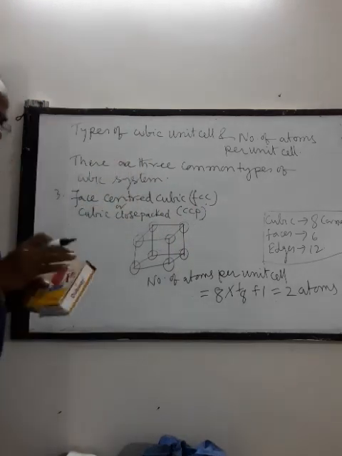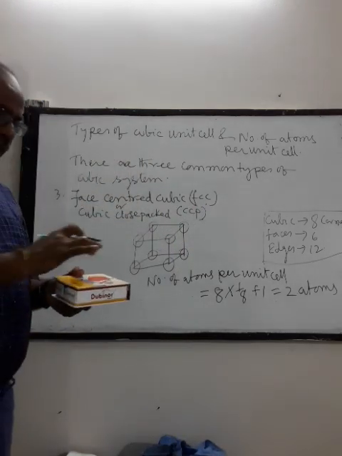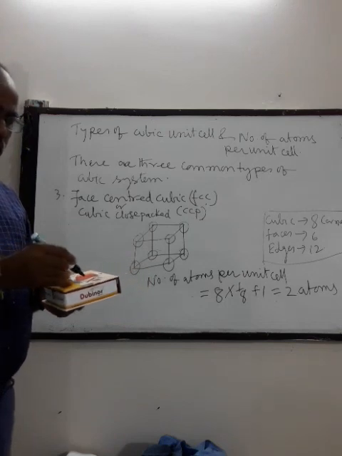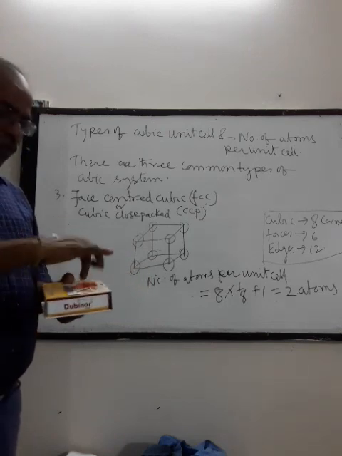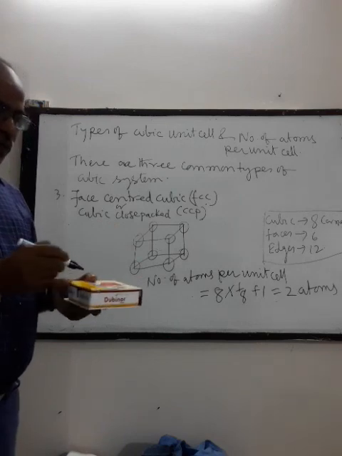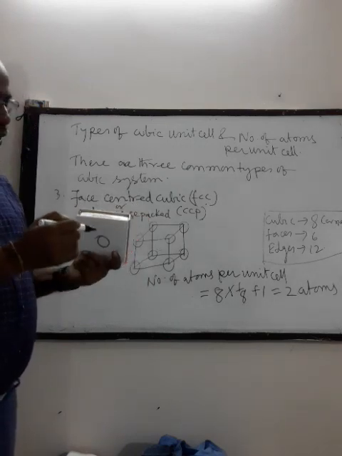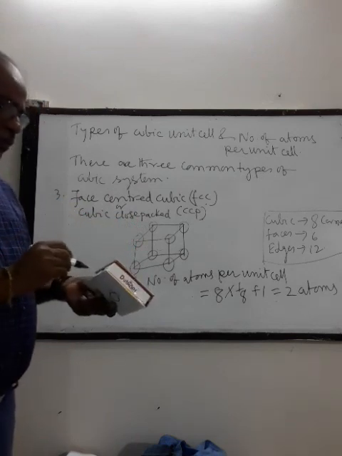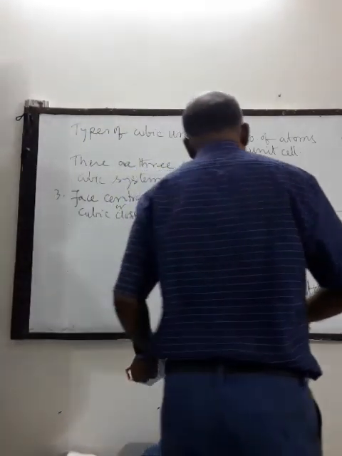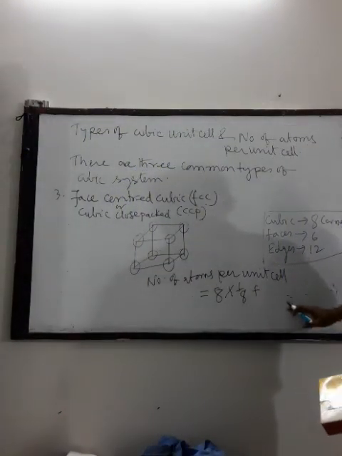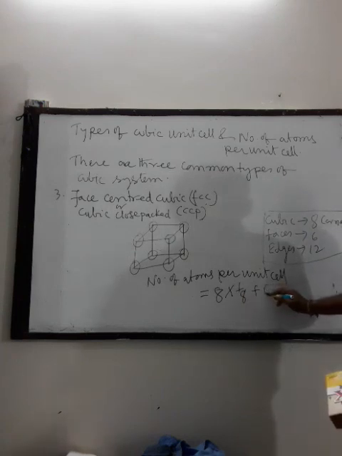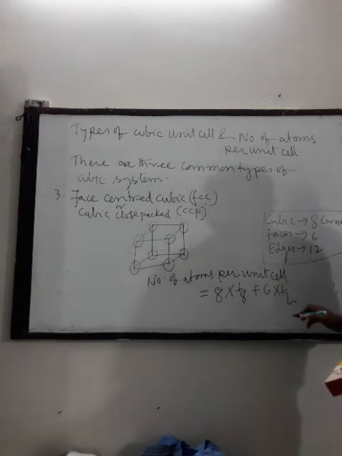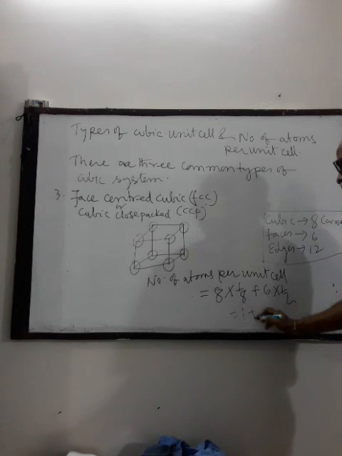So if we consider this one as the unit cell, 8 atoms are present at 8 corners and there are 6 faces, 1, 2, 3, 4, 5, 6, so 1 at the center of each face. So number of atoms per unit cell: 8 into 1/8, and 6 faces, and each face is shared by 2 unit cells. So 6 into half. So 1 plus 3 equal to 4 atoms.